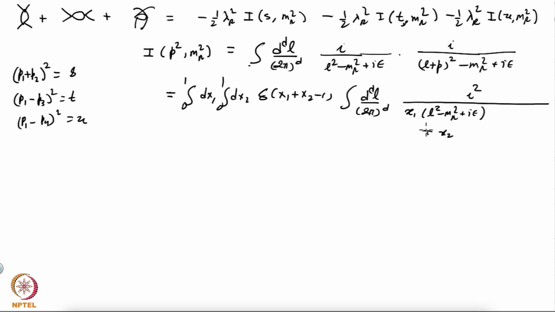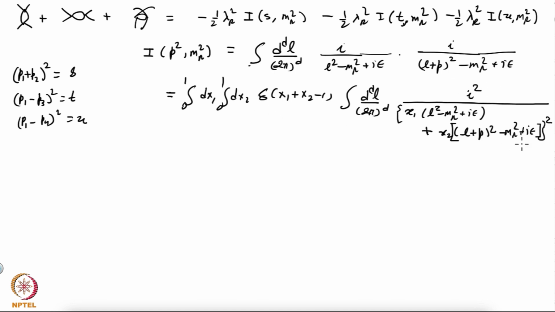Plus x2 of ((L + P)² − m_R² + iε), and you have to square it. The other factor coming from the gamma is 1 in this case, because you have only two denominators.